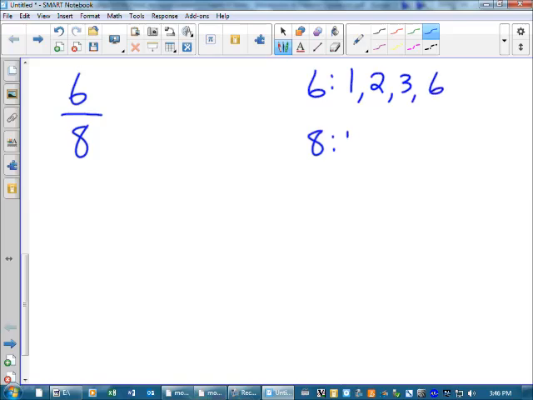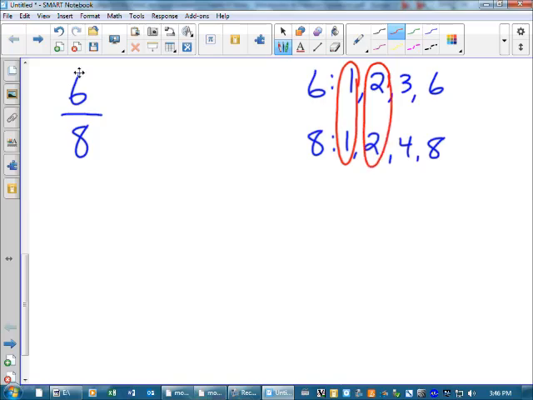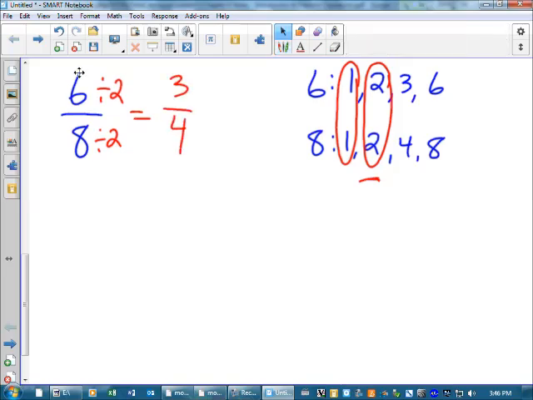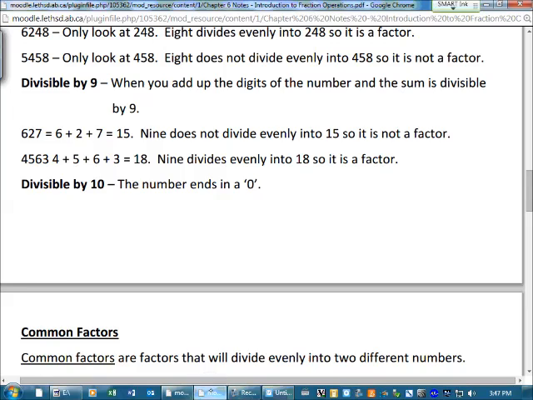My factors of 8 are 1, 2, 4, and 8. So our common factors are 1 and 2. What's my greatest common factor? It's 2. That's right. So then I know I'm going to divide by 2. That's how you know what to divide by. And you'll get 3/4.